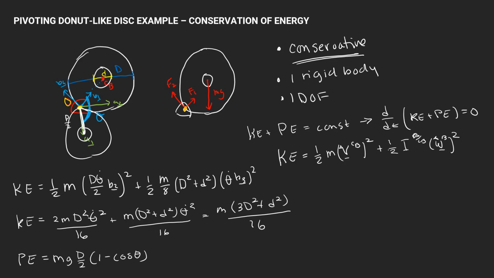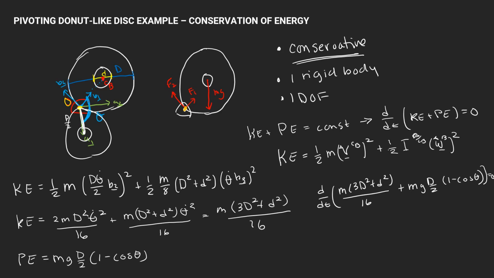All right, and so now we add these two together, right? And we take the derivative, so we have m times 3D squared plus little d squared over 16, times theta dot squared, plus mg d over 2 times 1 minus cosine theta, and that's equal to 0. Oops, I forgot a theta dot squared term.